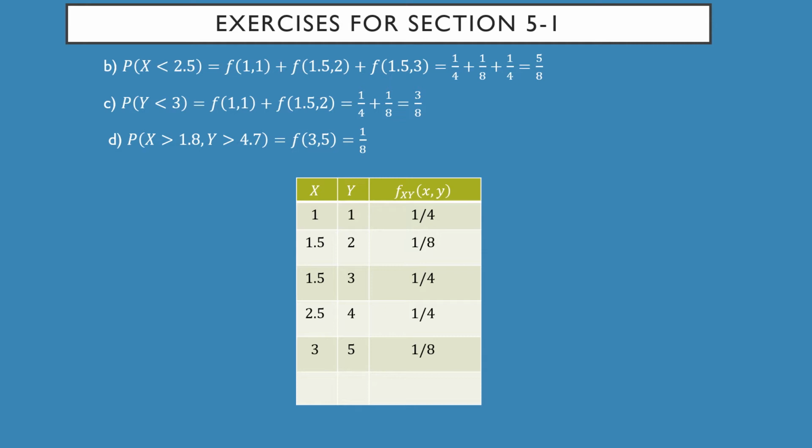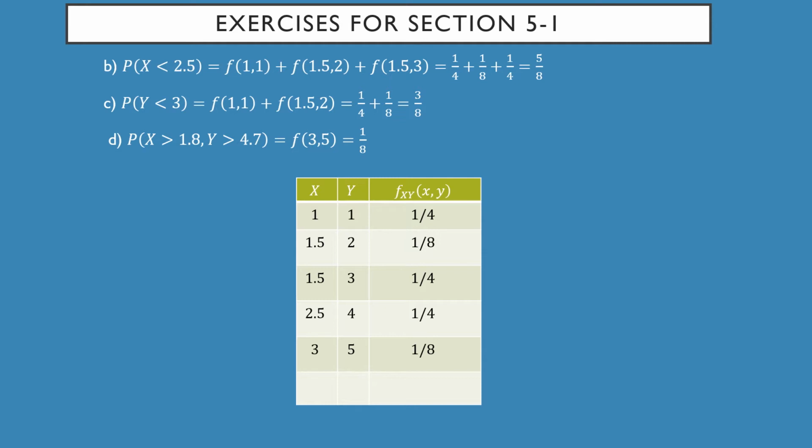The next question, my dear students, is part D, and it says that we have to find the probability of x bigger than 1.8 and y bigger than 4.7. Let us see how many values under x are bigger than 1.8. We have 2, 2.5 and 3. What about y?